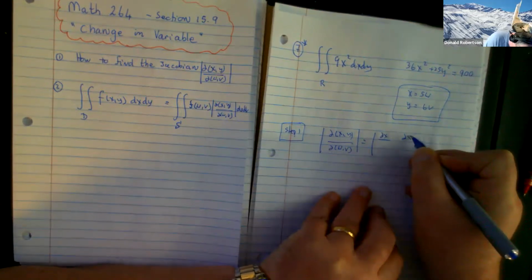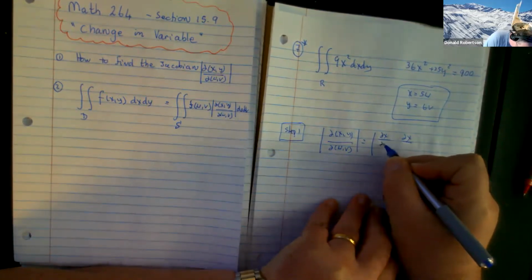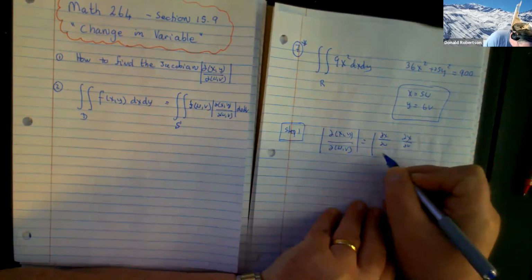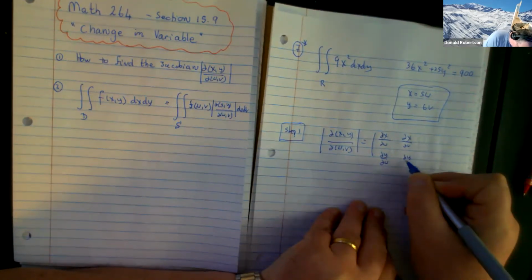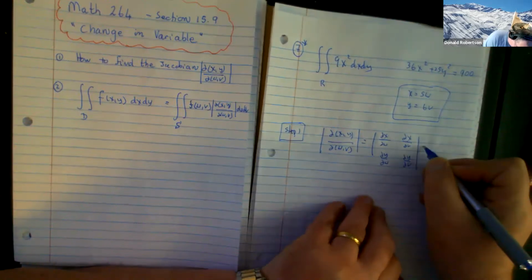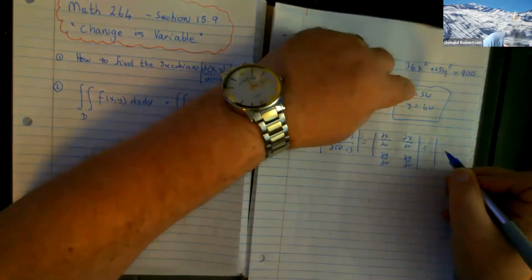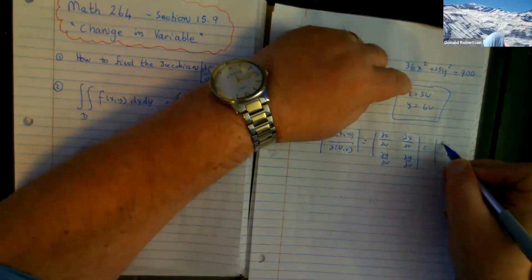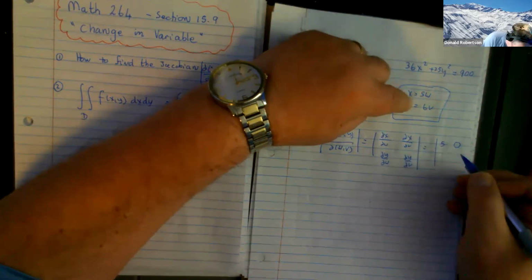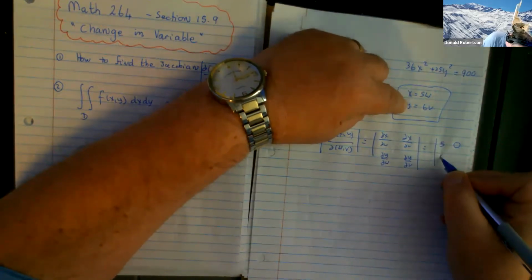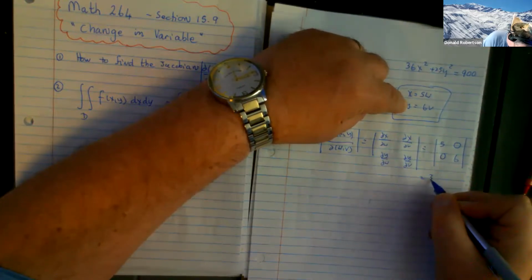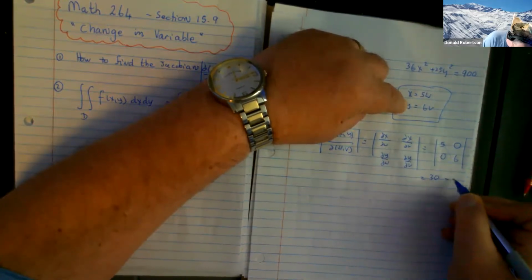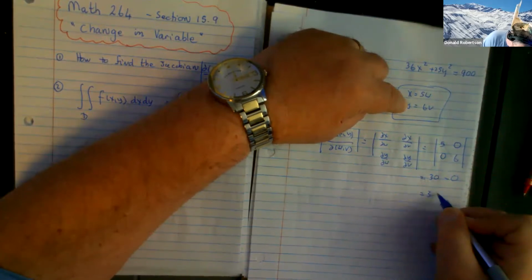So you differentiate x with respect to u and v, and you differentiate y with respect to u and v. This one, when you differentiate with u, gets you 5, and with v, you get nothing. This one, you get nothing with u and 6 with v, and you get 30 minus 0, which is 30.